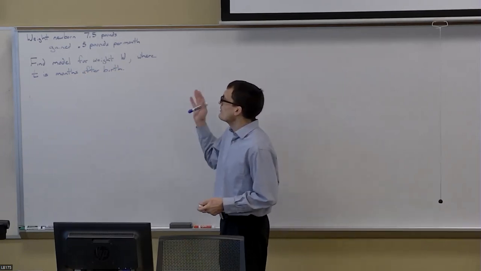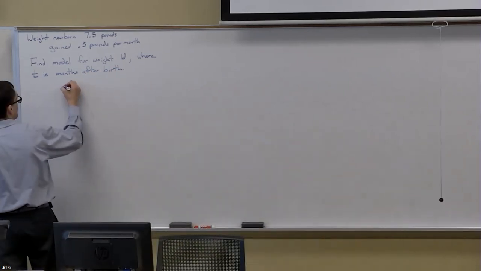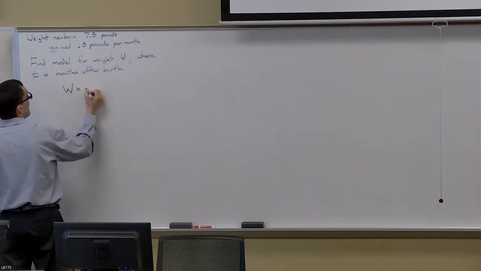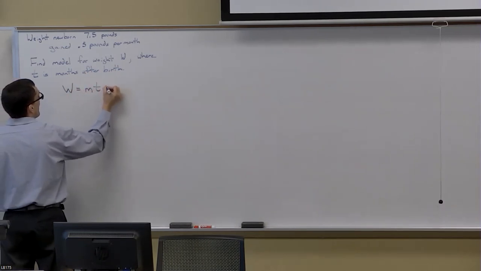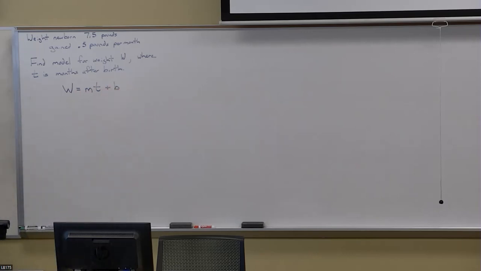All right, what we have here, again, we're trying to create a model. And it's always going to look like sort of a y equals mx plus b scenario, or I can always think of it that way if it's linear.